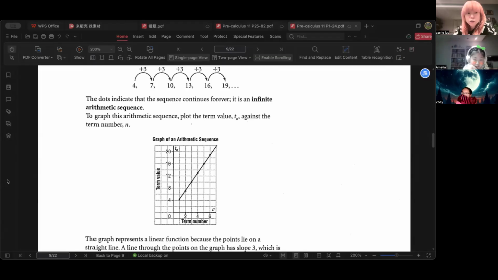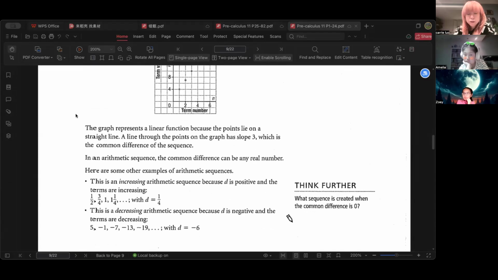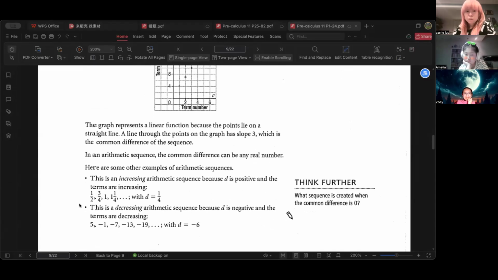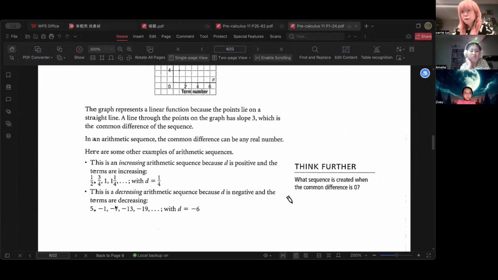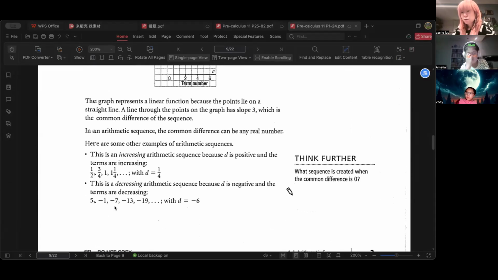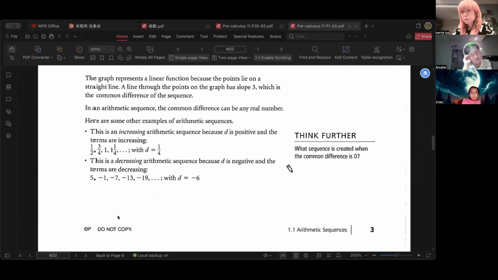Get it? The future dots are also going to sit on the same line. Okay, so let's take a look at this one. So we have an increasing arithmetic sequence, like Zoe said, sometimes it's increasing, right? And sometimes it's going down, so it's called a decreasing arithmetic sequence.